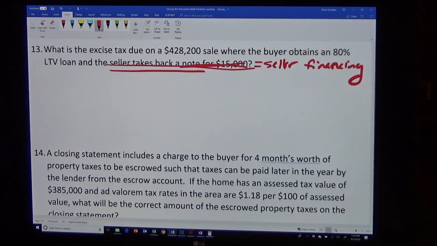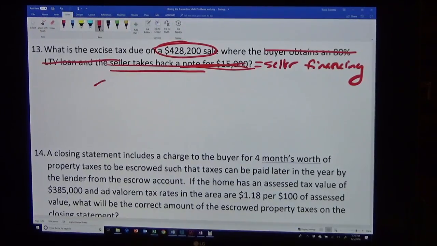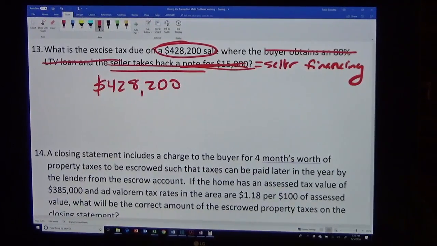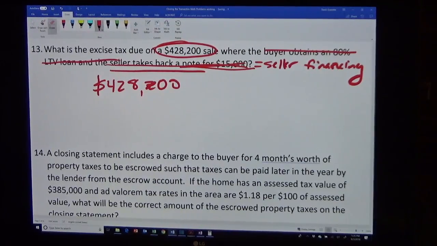We also don't care about the buyer obtaining a loan. We're talking about excise taxes. The only thing that matters with excise taxes is the sales price. With the sales price of $428,200, we can't calculate excise taxes because we need this digit right here to be either a 5 or a 0.